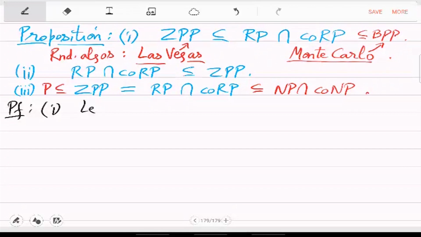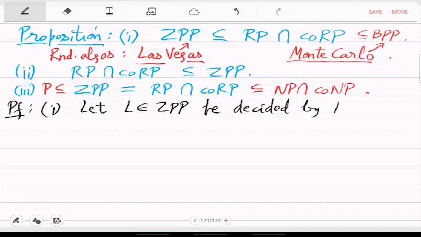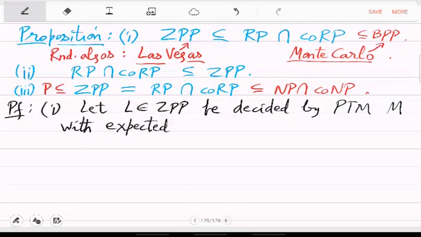Let L be in ZPP, let it be decided by a probabilistic Turing machine M with expected run time T of n.